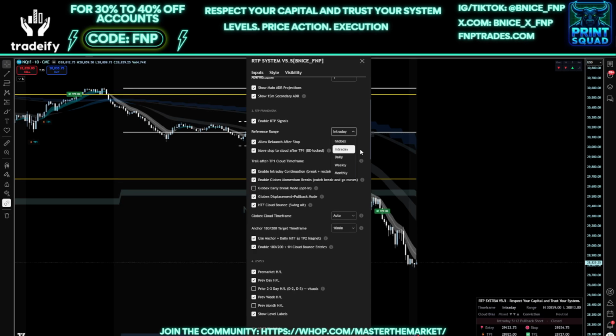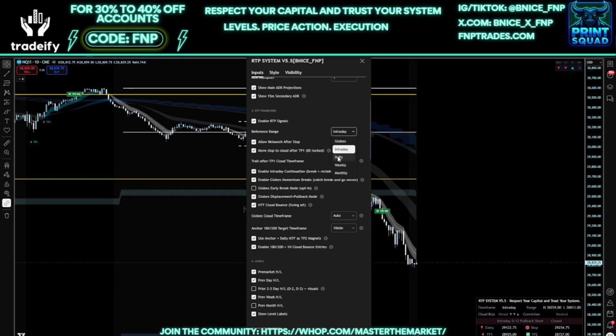But also, we know that in Globex, sometimes it can get really wicky, and wicky and choppy are not great sometimes. So I have certain parameters in for Globex. During intraday, I have it set to follow some specific rules as well based on what we're getting with the clouds. Under daily, weekly, and monthly, these do not use the clouds per se. They just use key levels.